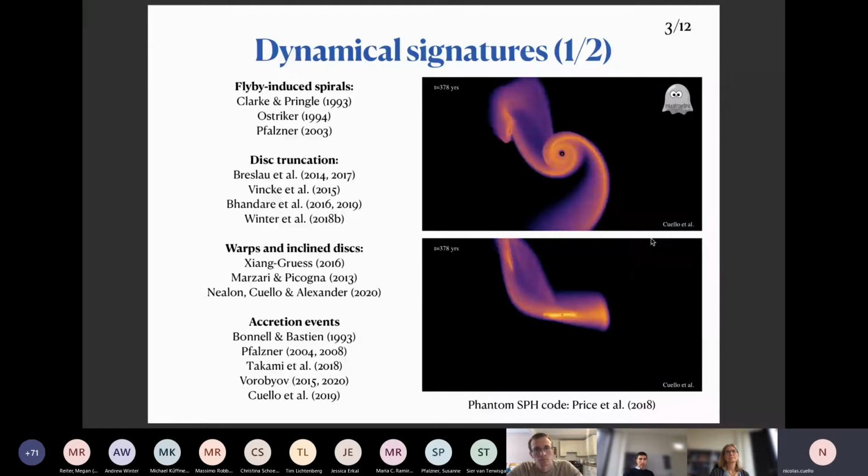There is also the fact that the disk is truncated after the encounter, and that during the encounter we can generate warps or even incline the disk. This is especially true for inclined retrograde encounters. And lastly, we have accretion events, because when we shake the disk, we can excite it in such a way that generates a mass inflow, which translates into a luminosity outburst. So I left here several relevant references for this.